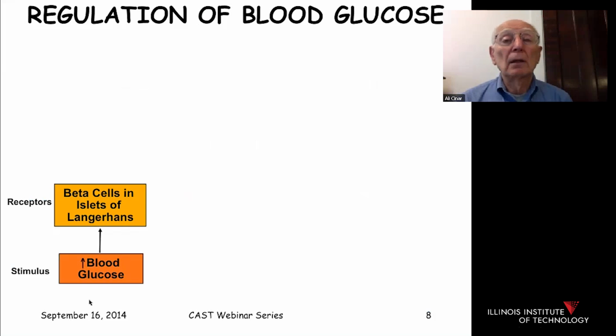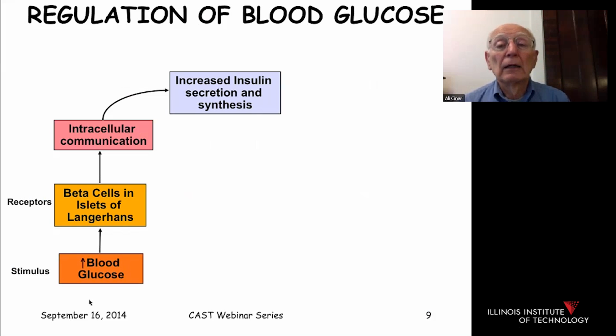So if you look at the regulation of blood glucose, let's start with a stimulus like having some food that will increase the blood glucose concentration, and the increase in blood glucose concentration will generate some signals to the beta cells in the islets of Langerhans of the pancreas, and that will trigger some intercellular communication that would increase the secretion of insulin that's already depoted in these cells or islets, and also increase the synthesis of insulin.